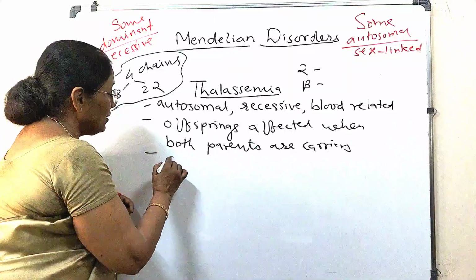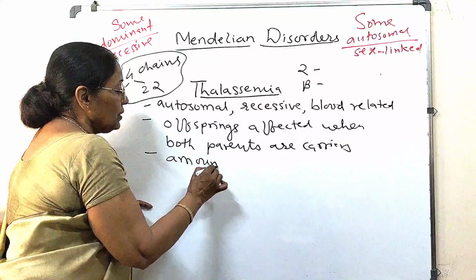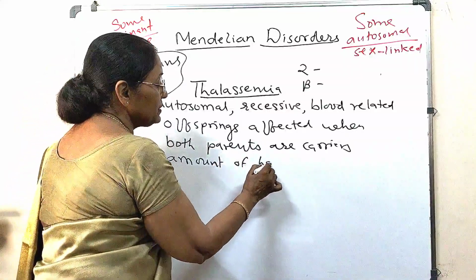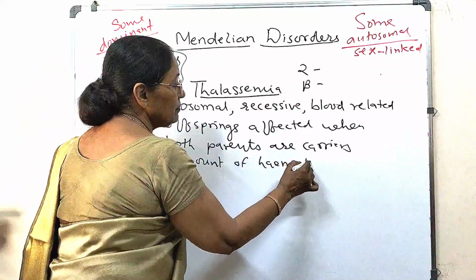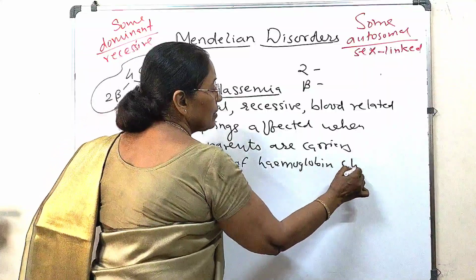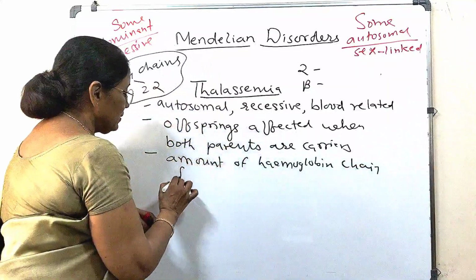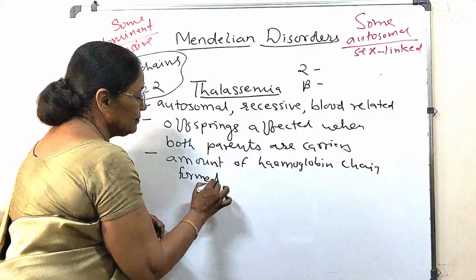That means the amount of hemoglobin chain formed gets affected.